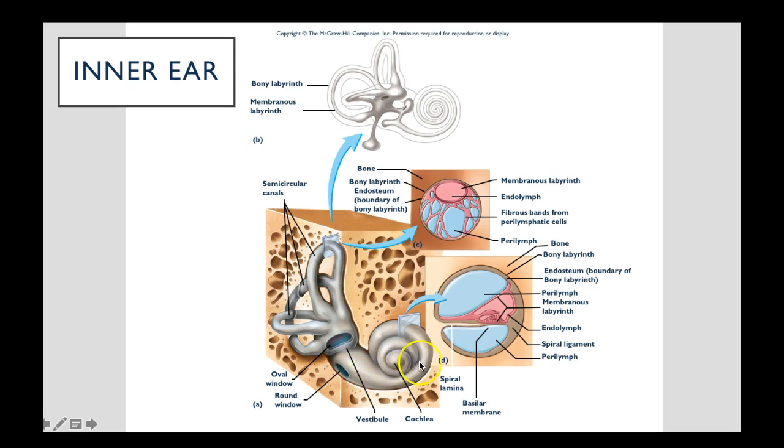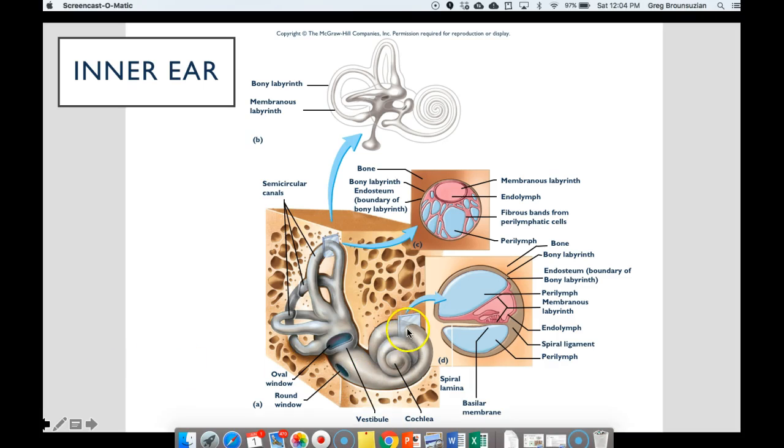When we look at the cochlea, you see that it looks like just one channel circling around. But if we were to take a cross section of this structure that looks like just one long tube wrapped up, it is actually three different regions. So the top region and the bottom region, these have specific names that we'll get into in a moment.